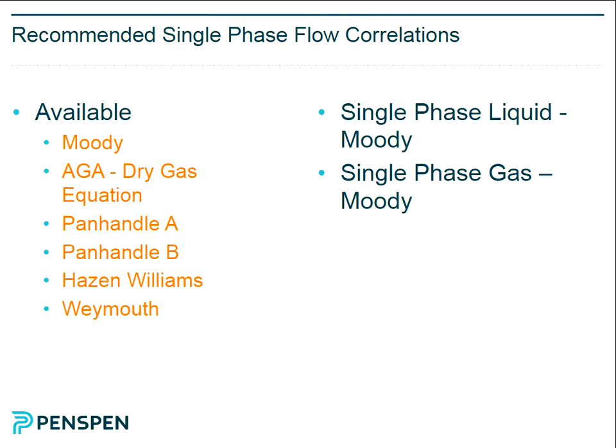So you've got vertical and predominantly vertical oil wells, so down, up, highly deviated horizontal wells, vertical gas condensate wells, oil pipelines, gas condensate pipelines. So you can see some are not applicable, some are applicable.